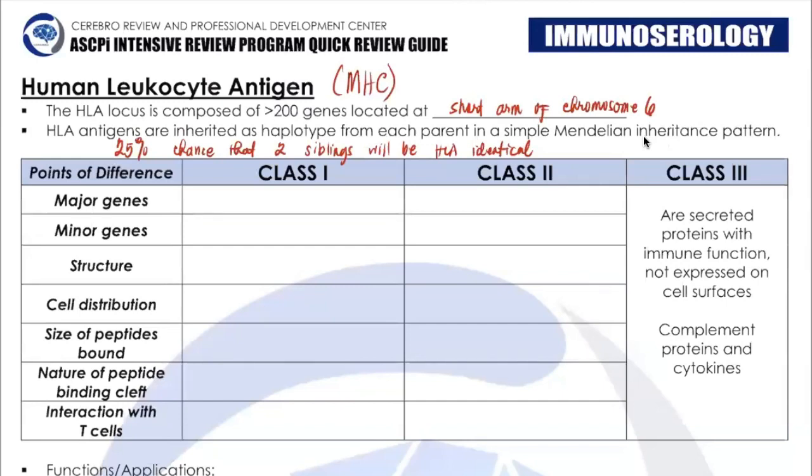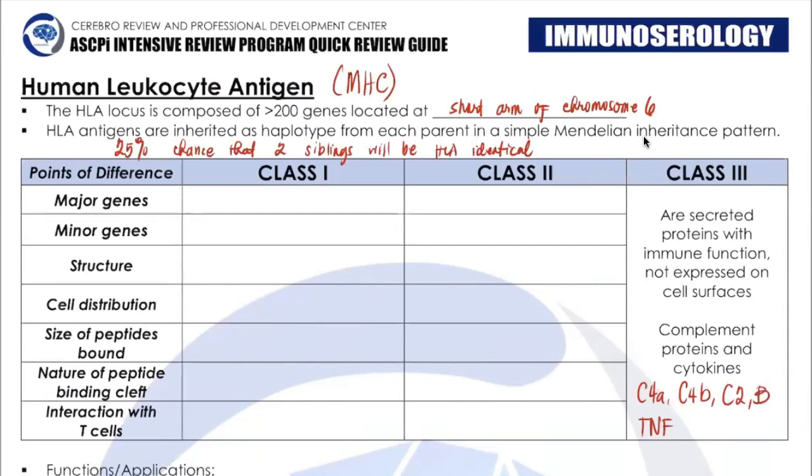Rather, they are being secreted in the form of certain proteins or cytokines. Examples of these are your C4A, C4B, C2, and factor B. These are complement proteins, and an example of a cytokine that is part of our class 3 HLA would be the tumor necrosis factor, TNF.